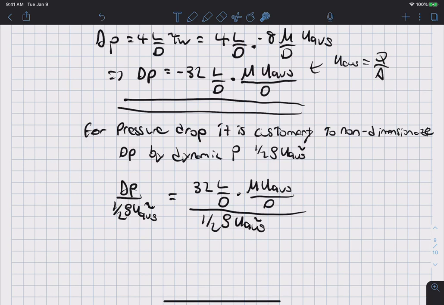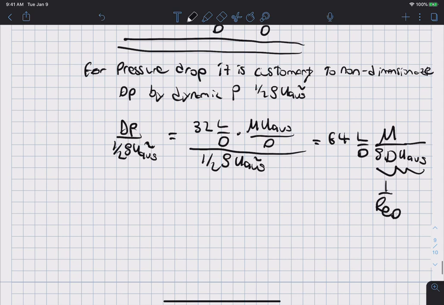And so I simplify this, and I get 64 times L over D times mu over rho D U averaged. And this parameter here is 1 over the Reynolds number of the channel, or of the tube I should say.